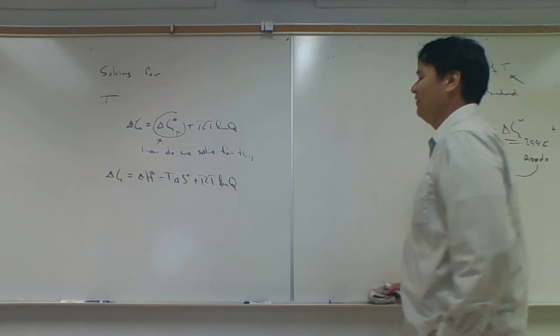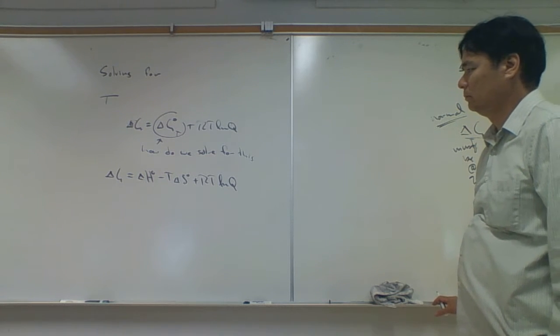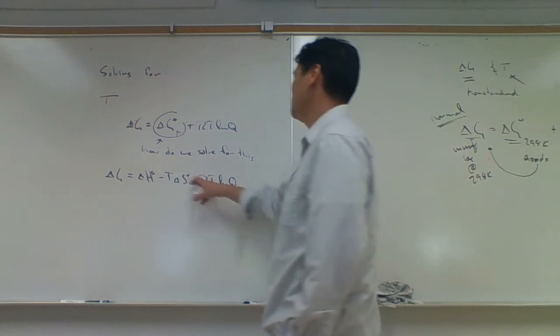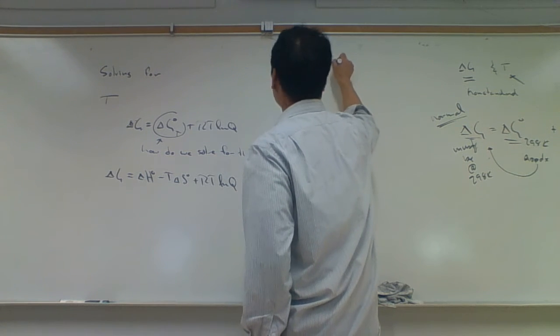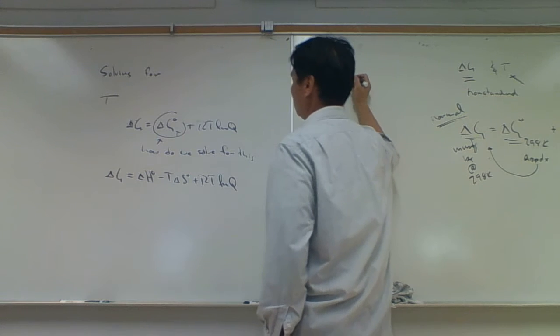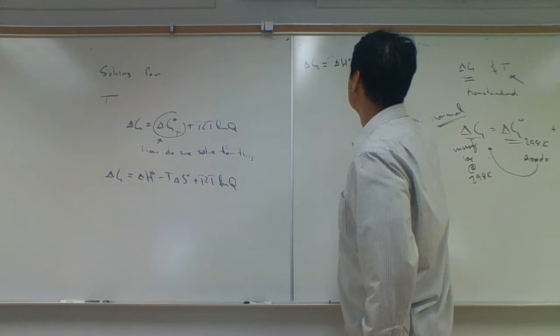And then what do we do? We'd probably factor out the T over here. And so that gives us delta G is equal to delta H naught, all right, what we'll do is we'll just do this.